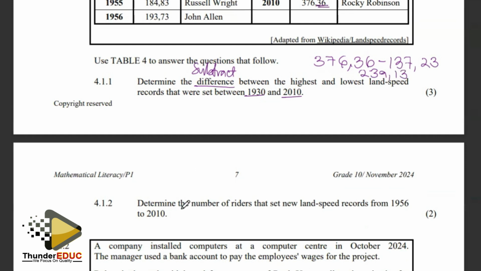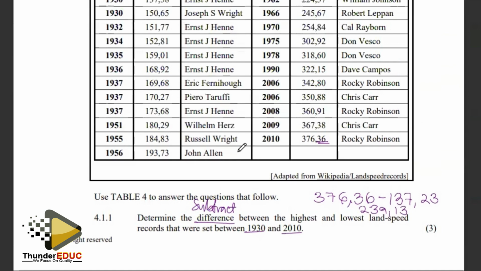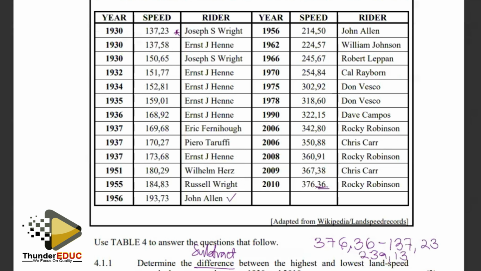4.1.2. Determine the number of riders that set new records from 1956 to 2010. So from here, we have John Ellen, 1. John A, we don't count again, that's 1 person. So we have 2, 3, 4, 5, 6, 7, 8.